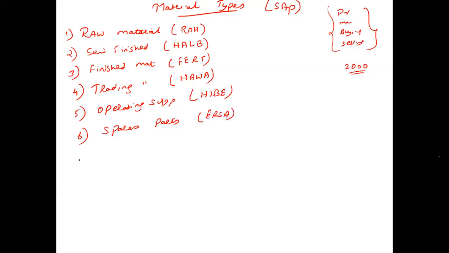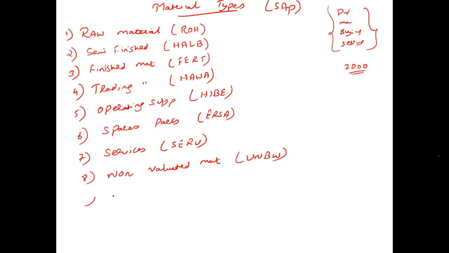And you have services. That can be defined as SERV. And next one will be non-value-added material. That can be defined as UNBW. And non-stock material.